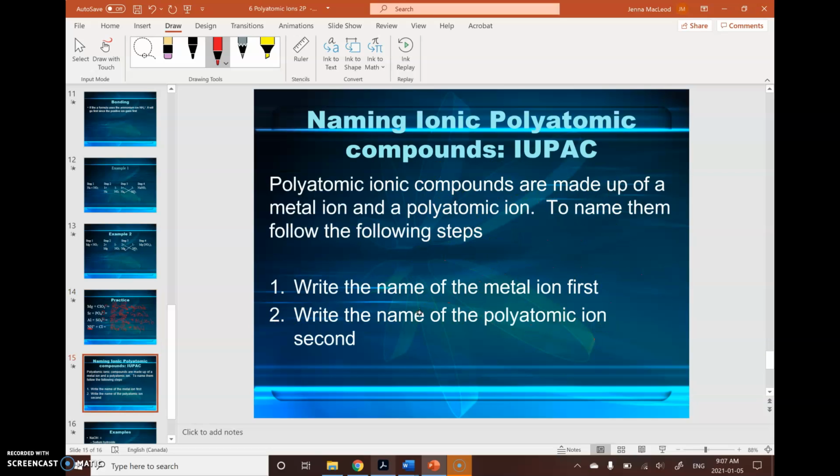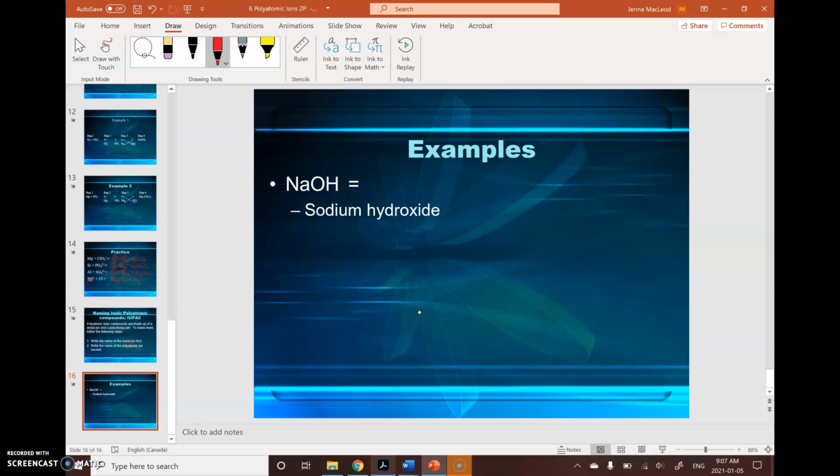So naming these compounds, since it's made up of a metal ion and a polyatomic ion, you have to name them in this way. You name the metal ion first, and then the polyatomic ion second. For example, we're going to do sodium first, and you can see how there are 3 elements here.